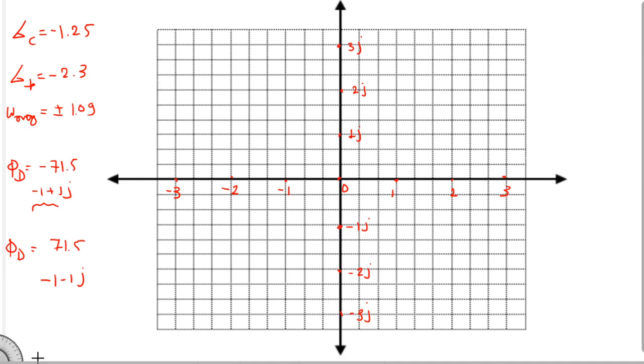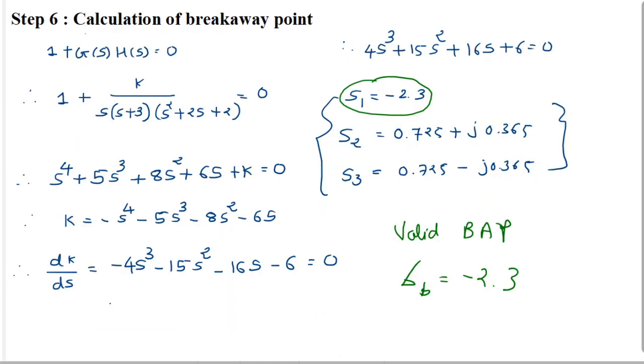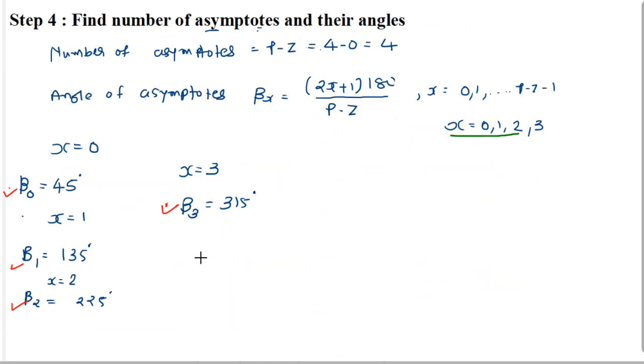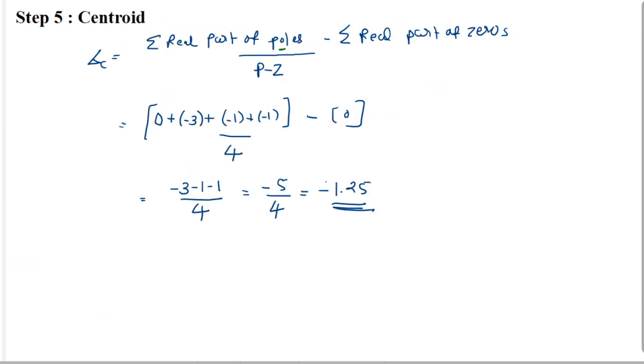First, sigma c, that is the centroid, sigma c minus 1.25, here approximately. Okay, now all the angles which we have to measure are 45, 135, 225 and 315 degrees.